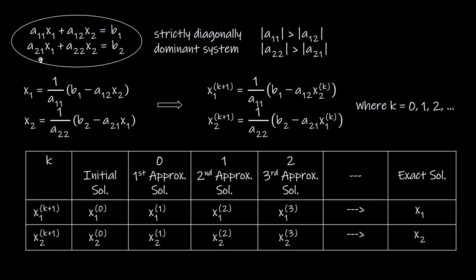Hence, for this system, the absolute value of a11 should be greater than the absolute value of a12, and for the second row the absolute value of a22 should be greater than the absolute value of a21. We have already discussed strictly diagonally dominant matrices and systems in a separate video.